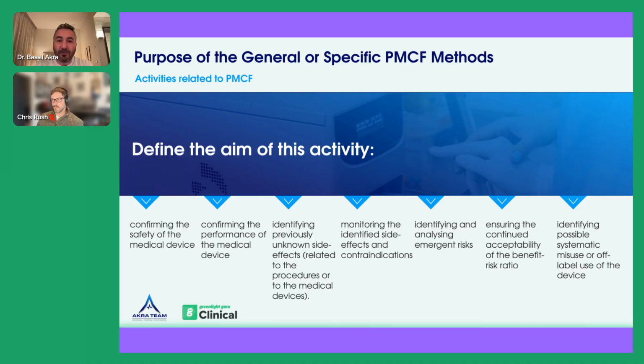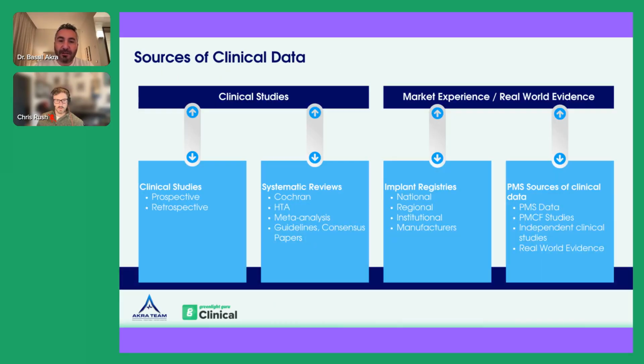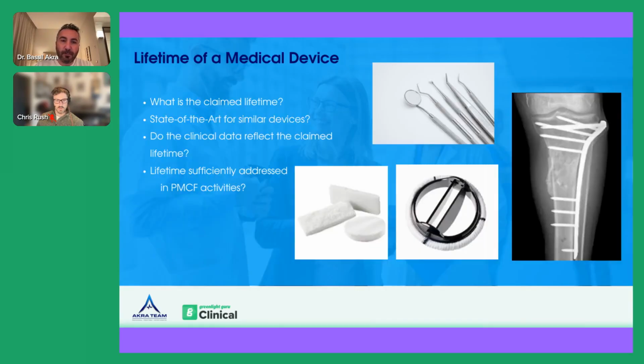So if you say, I'm doing a retrospective analysis, I'm doing that to identify and analyze emerging risk. Then I understand, okay, this methodology is for this purpose. If I'm doing a study, I'm doing this to confirm safety. I got you. So you need to define which method will be used for which requirement to make sure that it is clear for yourself, but also for the reader of your documentation.